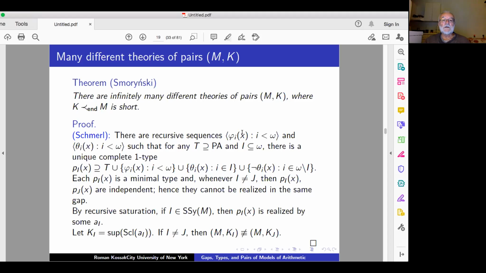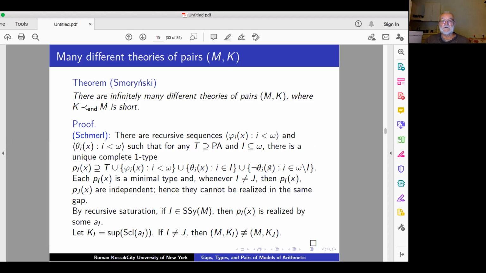of Peano arithmetic. But instead of constructing just one type, you construct a whole binary tree of those types. What's involved is one recursive sequence of phi_i's and a recursive sequence of theta_i's. The sequence of phi_i's makes sure that the type you're constructing is minimal.